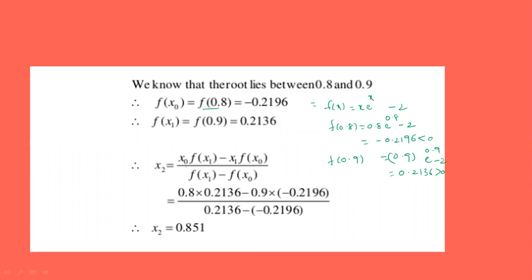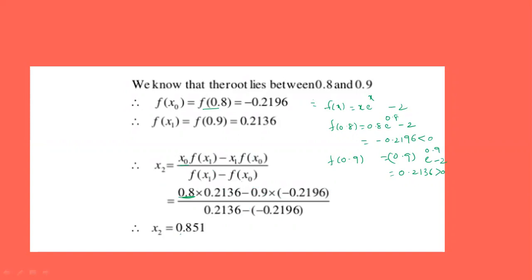Your x2 is x naught into f of x1 minus x1 into f of x naught by f of x1 minus f of x naught. This is the formula; remember one formula and go on changing the x naught and x1 values. So your x naught is 0.8. Your f of x1 is 0.2136. Your x1 is 0.9. F of x naught is minus 0.2196. So minus into minus become plus.